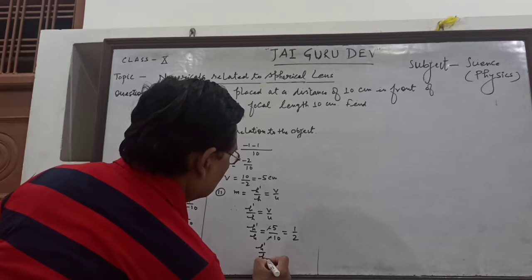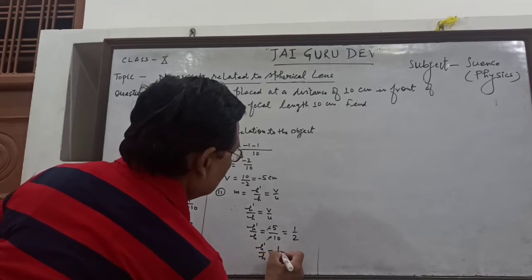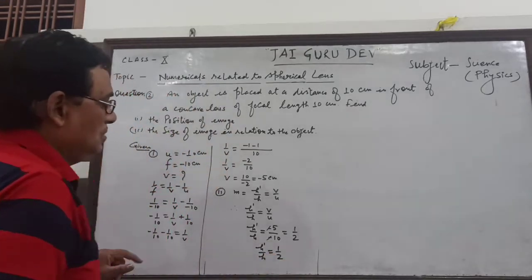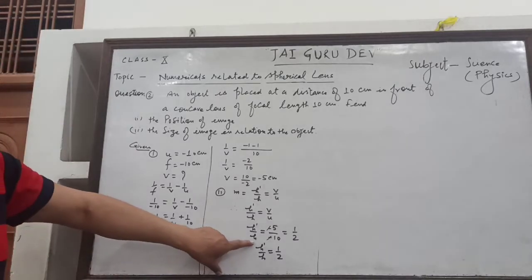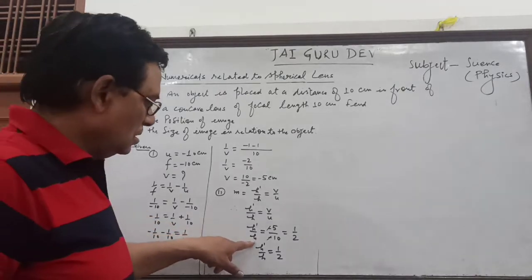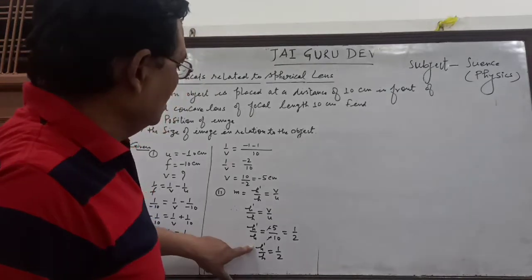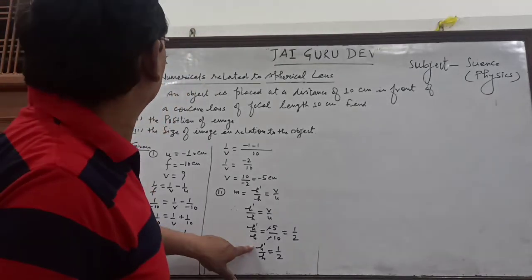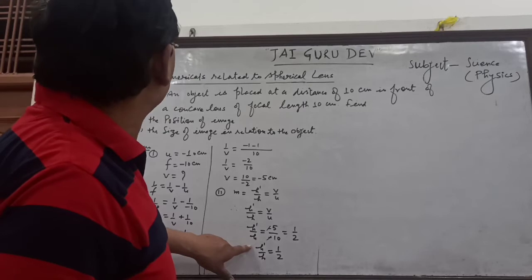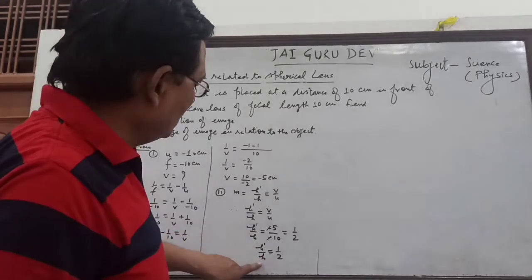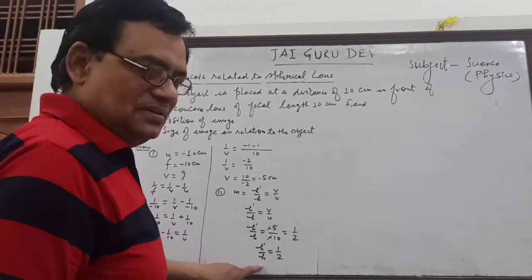H dash upon h is equal to 1 by 2. H dash refers to height of the image, size of the image, and h refers to the size of the object.